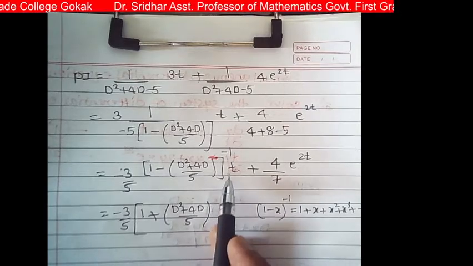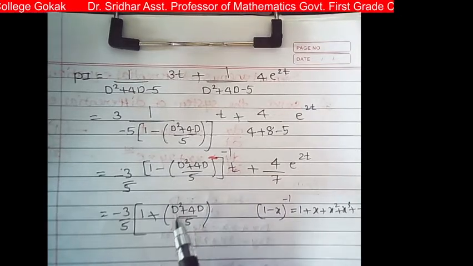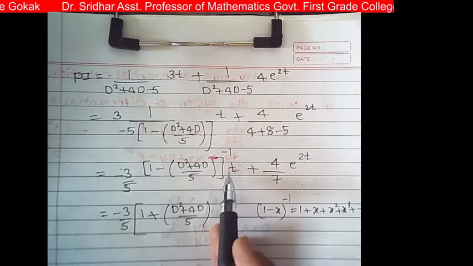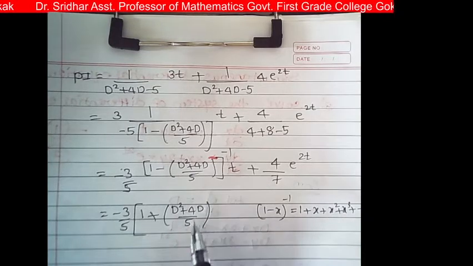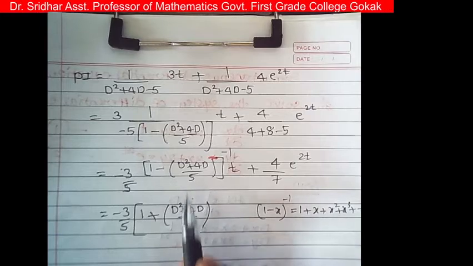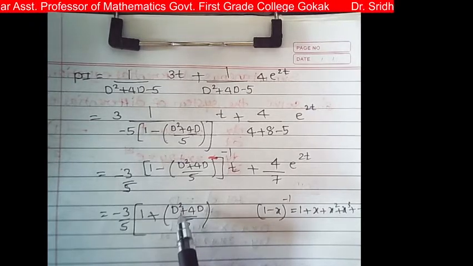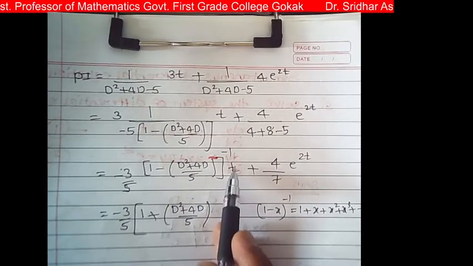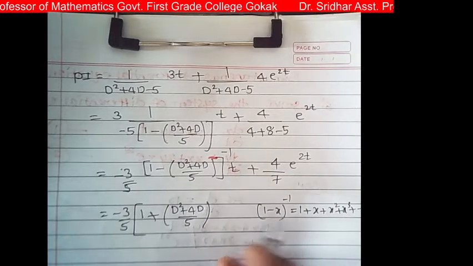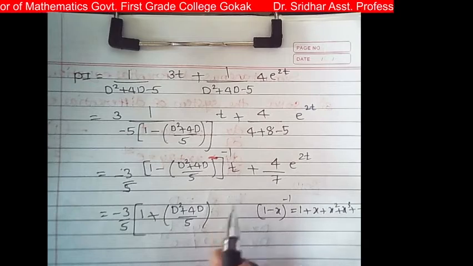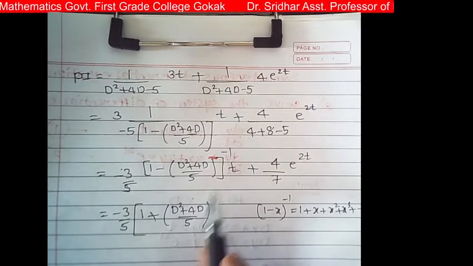So if you differentiate t up to third order, then it becomes 0. Therefore we have to consider only those powers of D whose power is less than or equal to the power of t, then only we get the terms, otherwise the terms become 0.